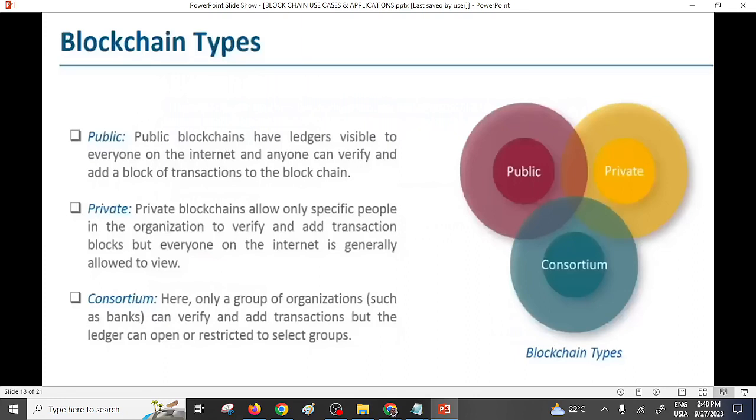So a layman's understanding of all these three or four types: one, public simply means anyone can access it. It's like connecting to the internet, right? Then you have the private part of the internet, where you need to supply your username or credentials to be able to access it, like the intranet, for instance.